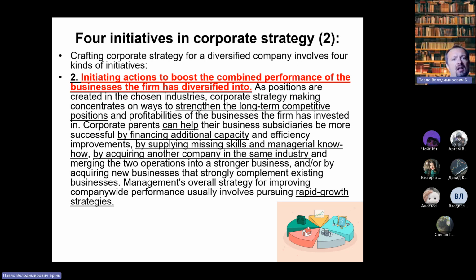And next, if there are different strategical business units, we have to understand how to organize the combined performance in all directions.